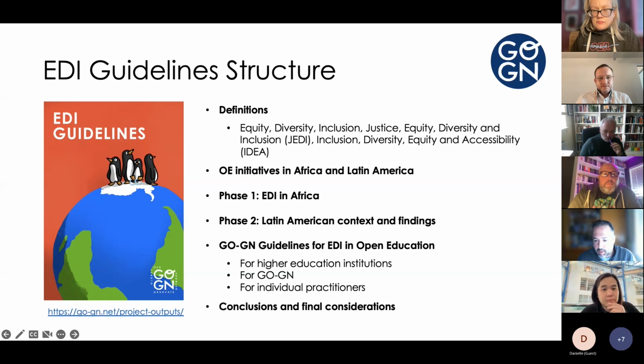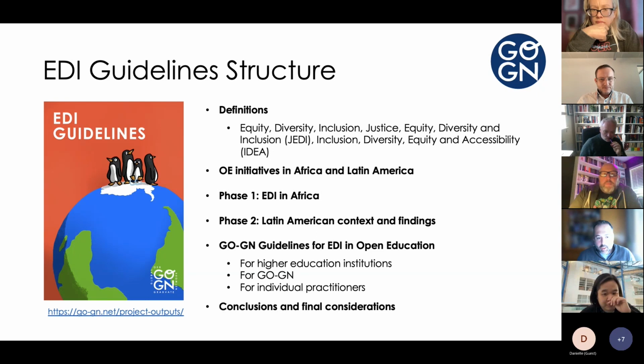We spent quite a lot of time last year reflecting on what we got from those phases and bringing together definitions, with a particular focus on open education, about equity, diversity, and inclusion, how other terms are related, such as justice and social justice, and accessibility, and how they affect and complement different concepts and definitions. Then we reflected this in the document, which is available in the link.